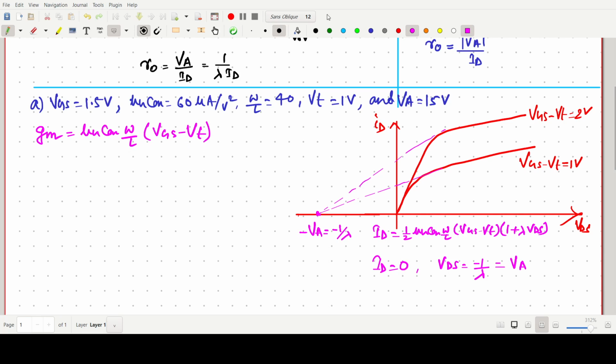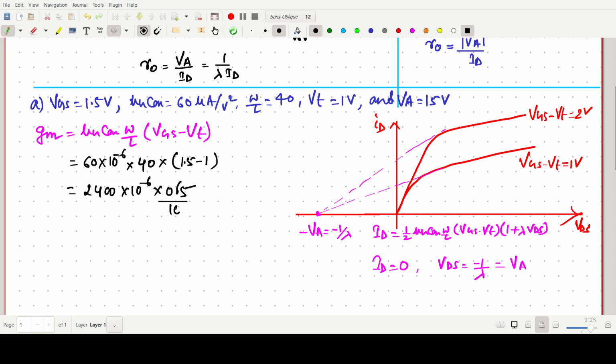For the transconductance formula gm, everything is given. So it is 60 into 10 to the power minus 6, 40 into VGS, which is given as 1.5 volt, 1.5 minus 1. So 2400 into 10 to the power minus 6 into 0.5.